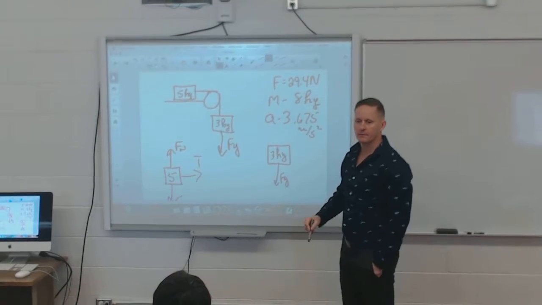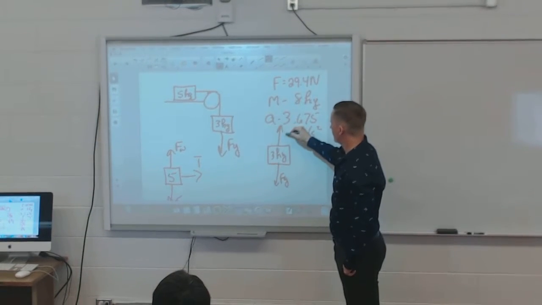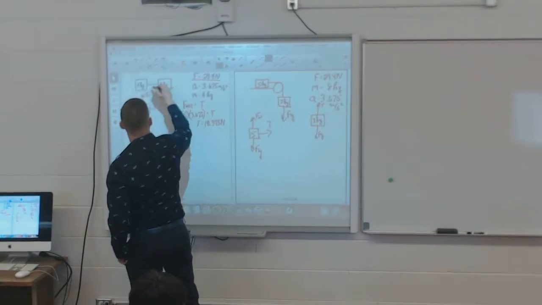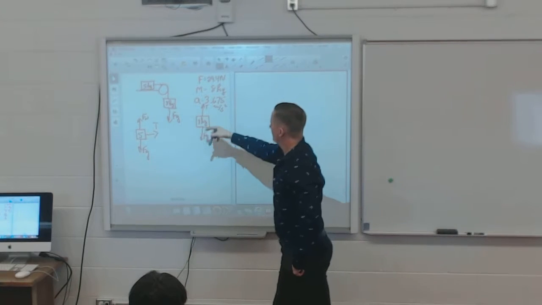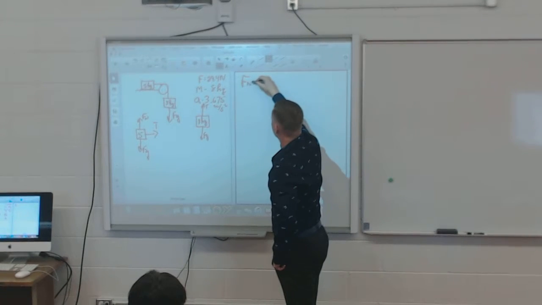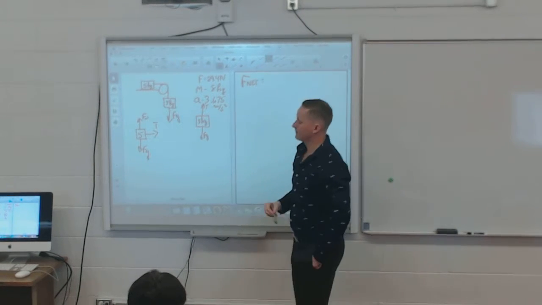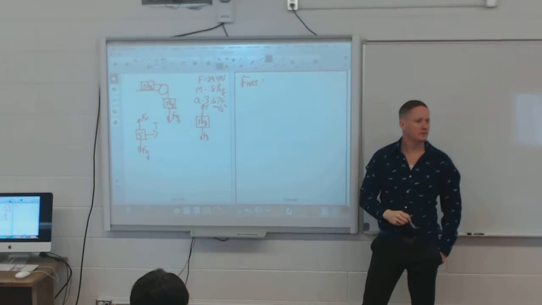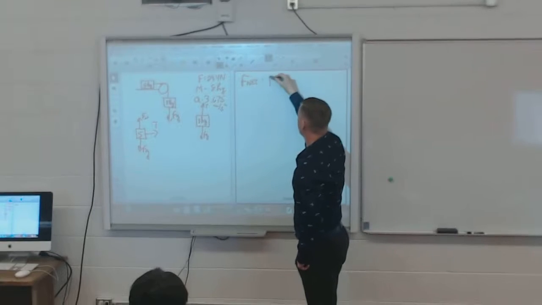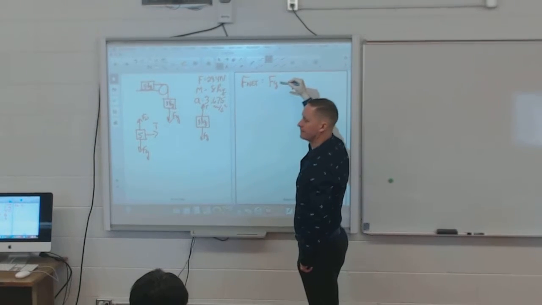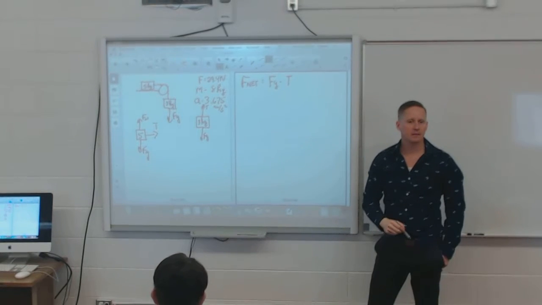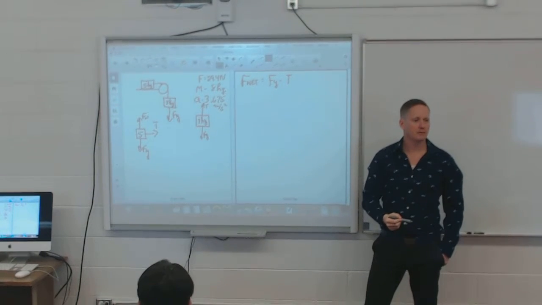What's holding it back? Tension. So to then get my net force on the 3 kg, what's moving the 3 kg? Gravity. What's holding it back? Tension. So now I can find out what the tension is using the 3 kg.